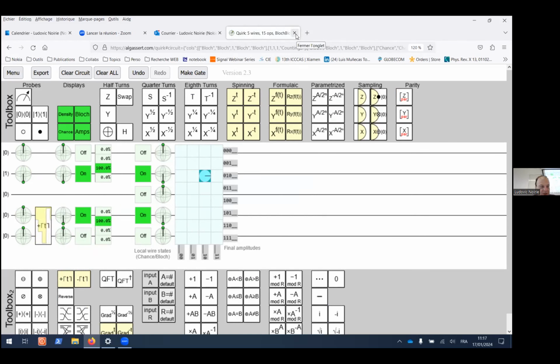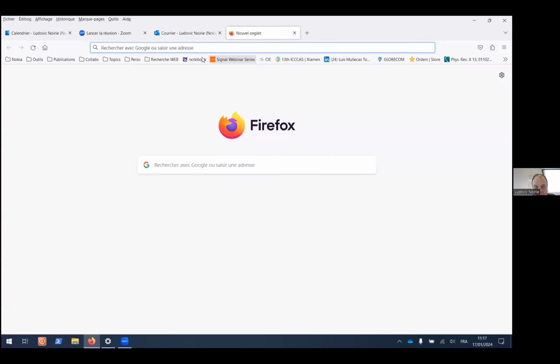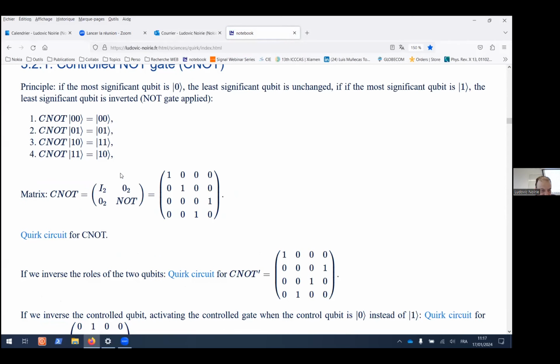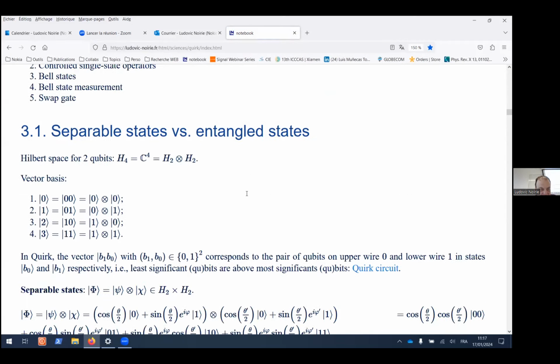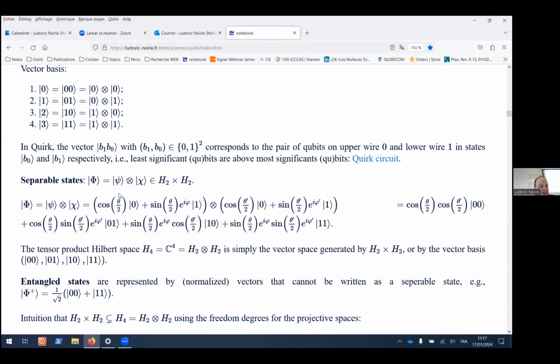So the tensor product, for qubits that are not entangled, is simple. It's just having a qubit in a state on one wire and the other qubit in another state on the other wire. What we call a separable state is any qubit on one wire and any other qubit on the other wire.